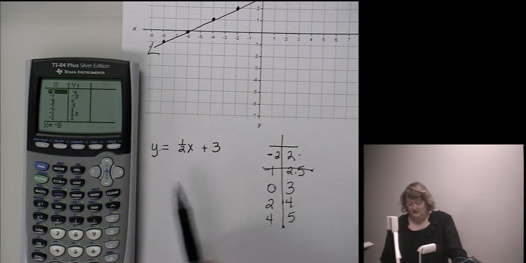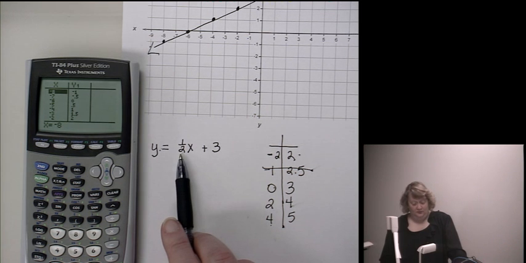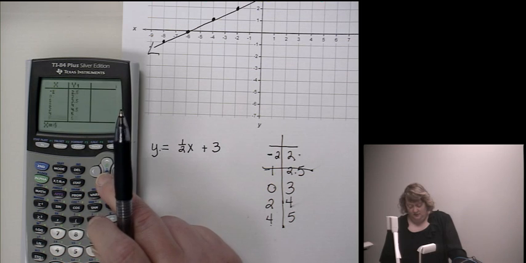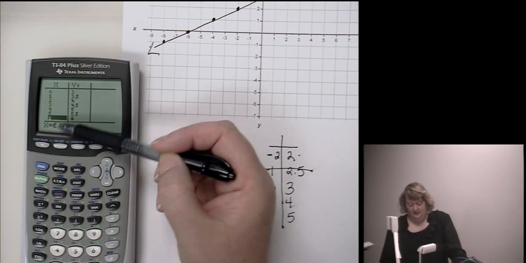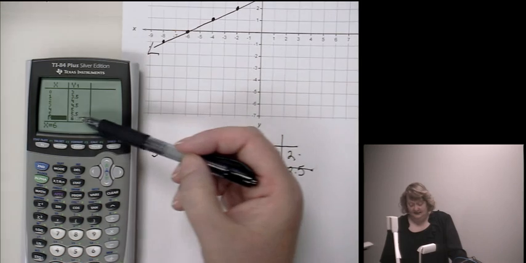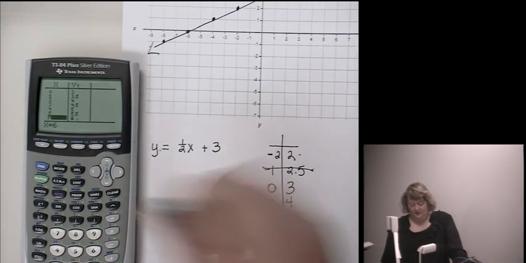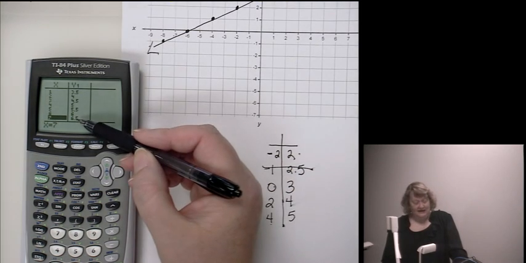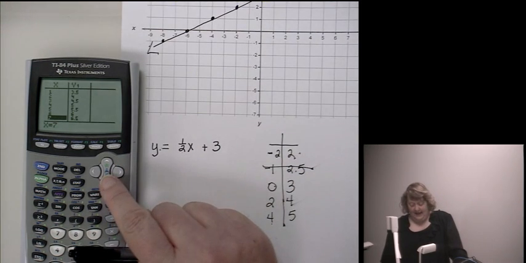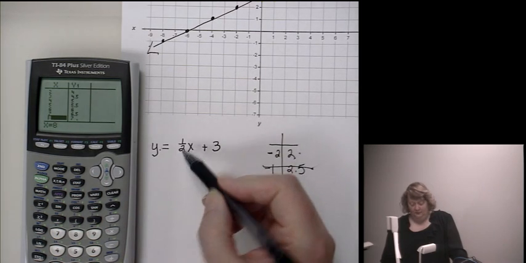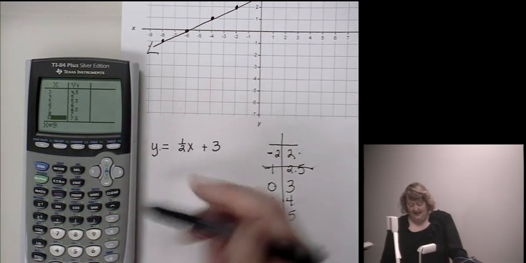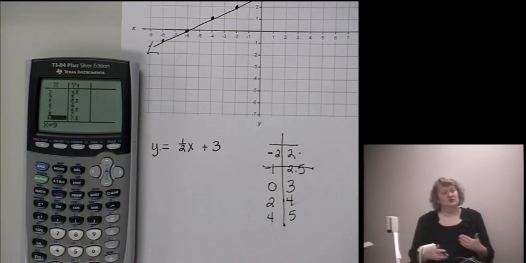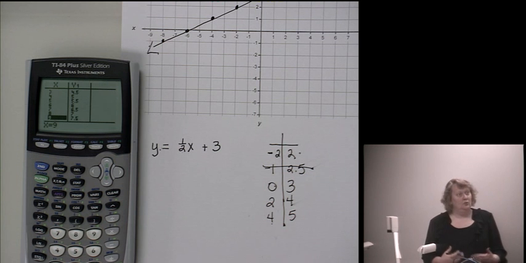They're all multiples of 2. 6 is a multiple of 2. 2 goes into 6, and we get an even answer. 7, 2 does not go into 7 evenly, and we get a fraction answer. 8 is divisible by 2. We get an even answer. 9 is not divisible by 2. We do not get an even answer. So as long as we're choosing multiples of 2, we'll get an even answer.